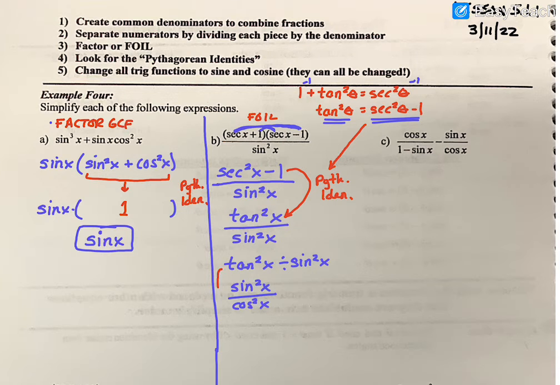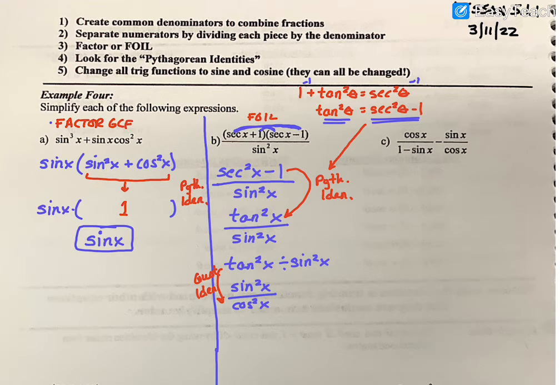So right there, I am using the quotient identity. So now I have sine squared x over cosine squared x divided by sine squared x.